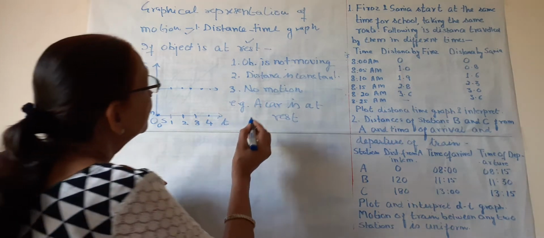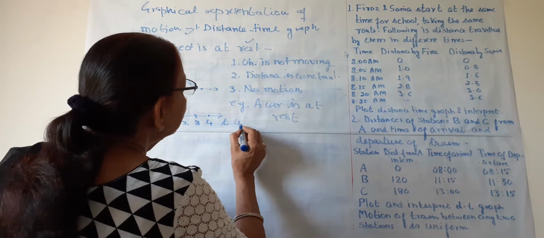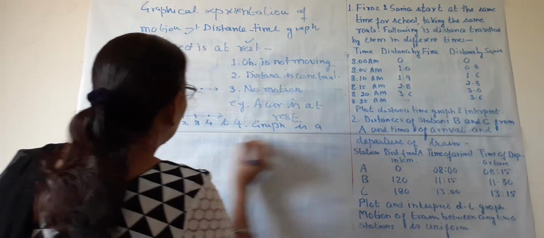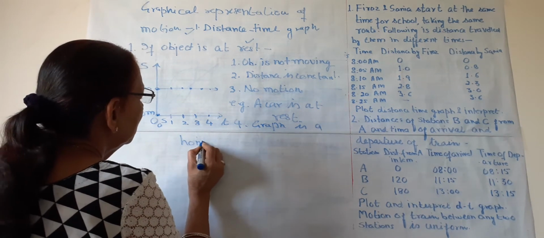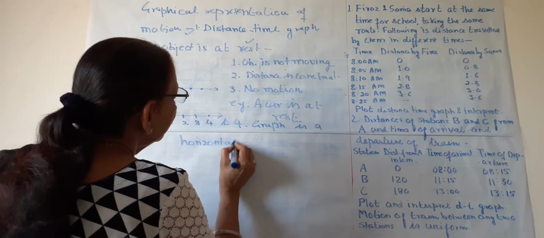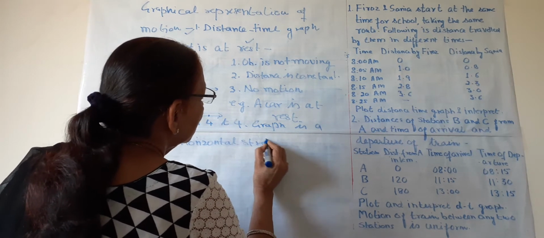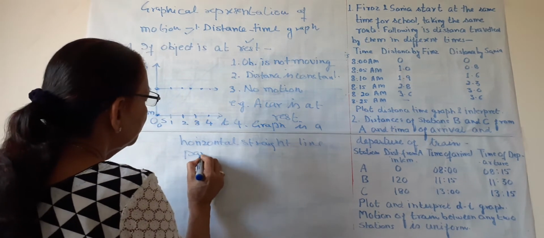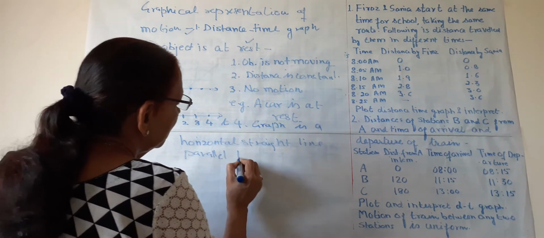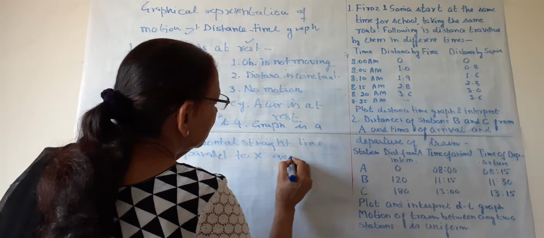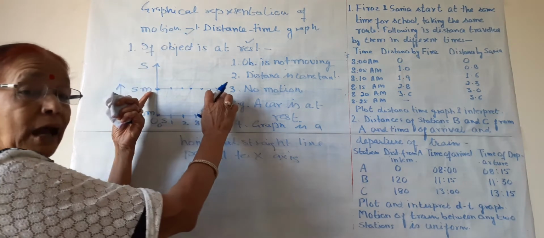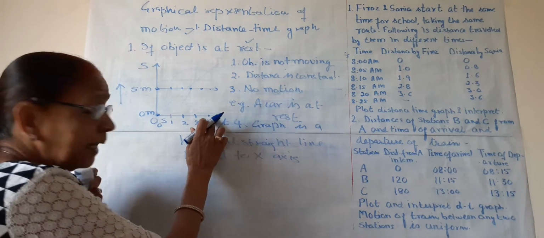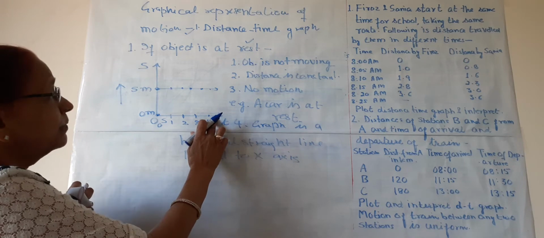Or we can write here the fourth point: the graph is a horizontal straight line parallel to the x-axis. So this is the graph line which is a horizontal straight line parallel to the x-axis.